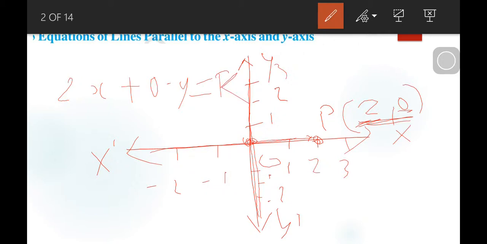For this type of line, whenever we put the value of y, we always get the y coordinate as 0.